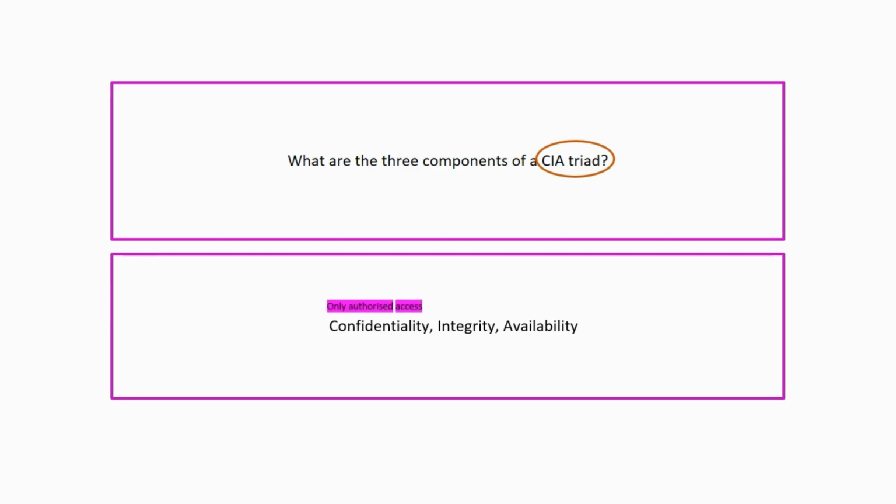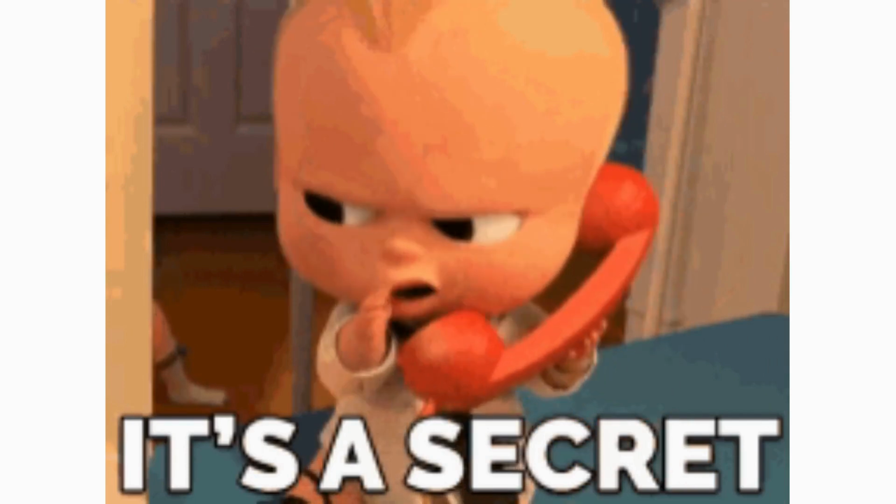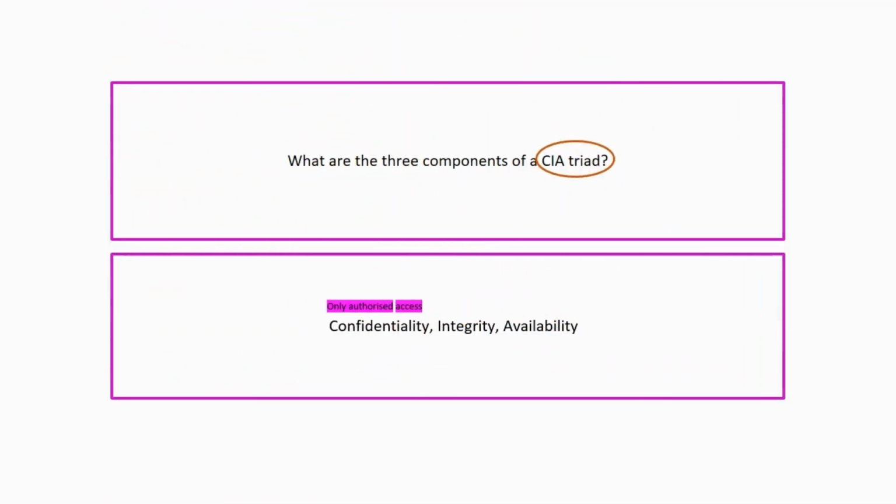Confidentiality means information should only be available and accessed by the authorized individuals or entities. Integrity means accuracy and completeness of the information. It ensures that information has not been tampered with or altered in any way.